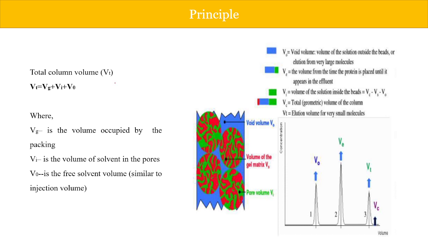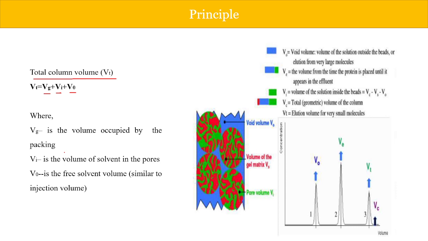Okay. So this is actually a calculation where you can calculate your total column volume VT. Sometimes you might be given questions in your assignments regarding this VT calculation. So what is VT? It is the summation of Vg, Vi and V0. So what are these three terms? Vg is the volume occupied by the packing, so how much volume is occupied by your stationary phase.